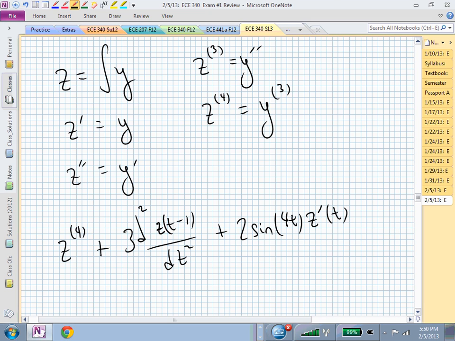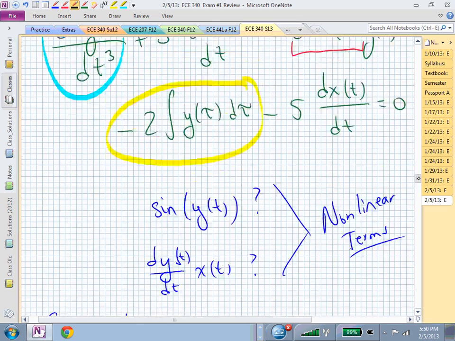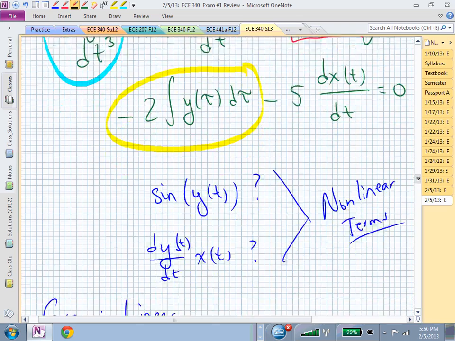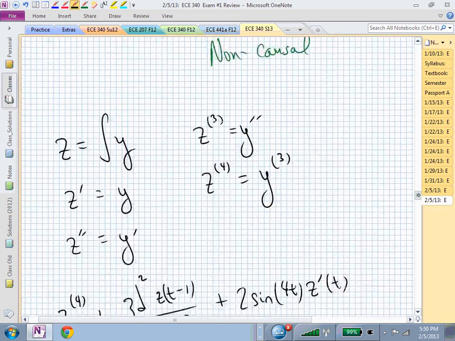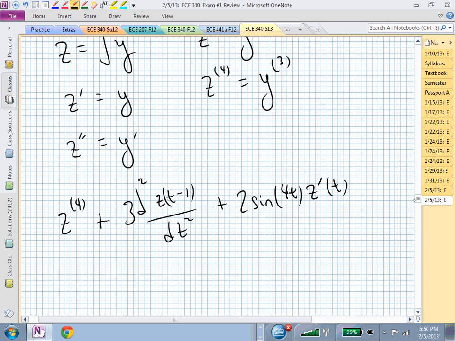Is that better? So z shouldn't be squared. It's the second derivative of z. What else do we have? It just matters on the output. And then we have minus the integral of y, which we called z, and that's equal to these x pieces over here.